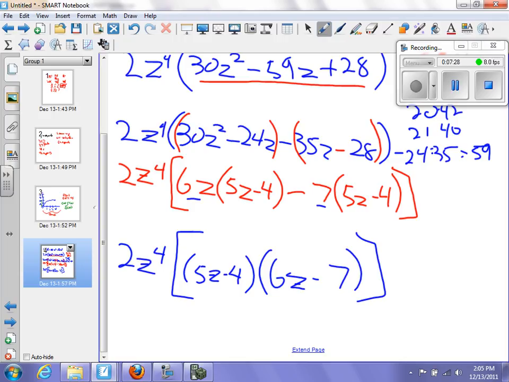Why are you using the brackets? Could you leave those out, or do you have to have them? The reason I'm using the brackets is because if you don't have it at this level, then you're only applying the 2z to the fourth to the very first 6z.